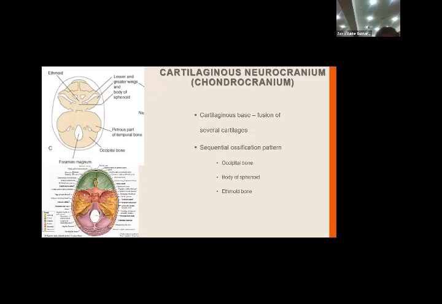Frontal, ethmoid, sphenoid in pink, yellow में temporal और ये purple में occipital. Since multiple bones make up the base of the skull, that means कि multiple cartilages पहले develop की थी, and then these cartilages separately they underwent ossification, endochondral ossification, and then fusion of these bones आकर.